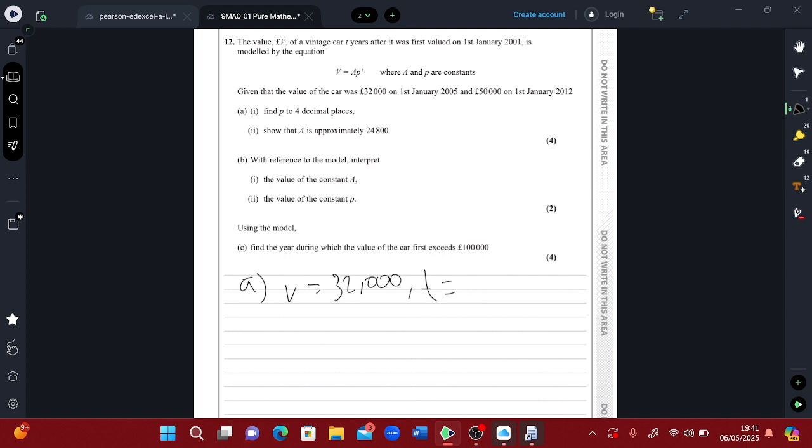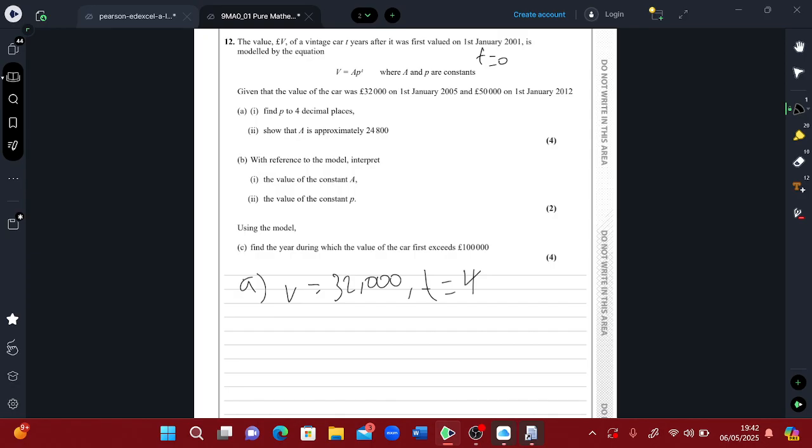So this was when T is 0, the first of January 2001. Now, 1st of January 2005 is going to be 1, 2, 3, 4 years later. Okay, so T is simply 4 here.